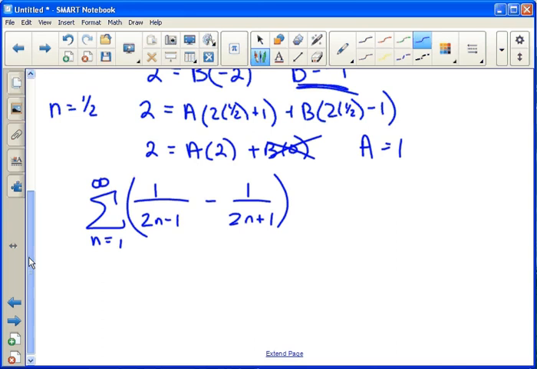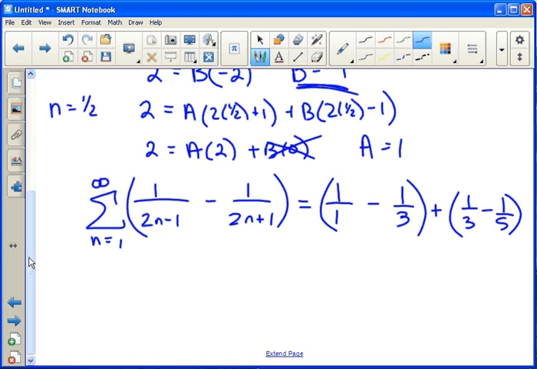Now if we expand this, I'm plugging 1 in for n, so I get 1 over 1 minus 1 over 3. Plus, if I plug in 2, I get 1 over 3 minus 1 over 5. Plus, if I plug in 3, I get 1 over 5 minus 1 over 7. Plus 1 over 7 minus 1 over 9, and so on.